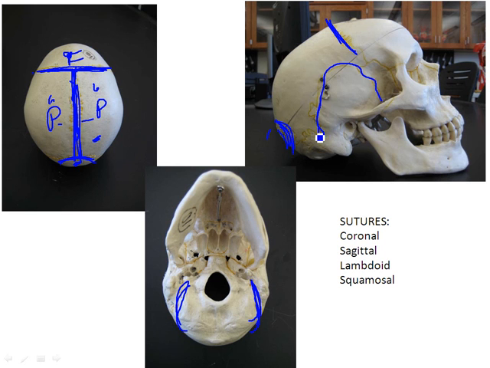And then your squamosal suture, this is your temporal bone. It connects your temporal bone to your parietal bone. This is your sphenoid bone. So just take a look at your textbook and make sure you understand which bones these sutures are connecting. Again, you have other sutures. Anywhere you see these little yellow lines, these are all sutures. You only have to know these 4 main ones.